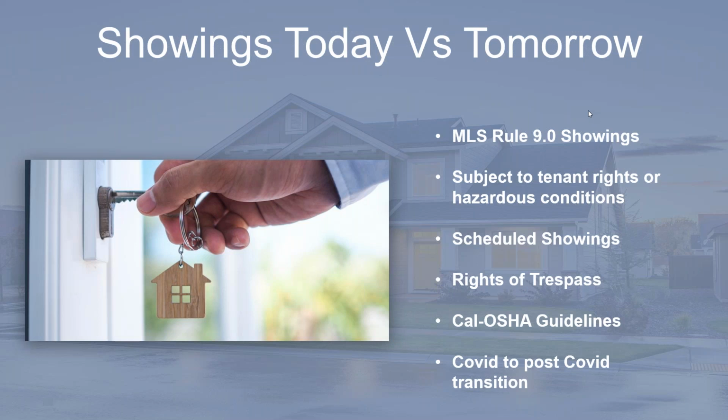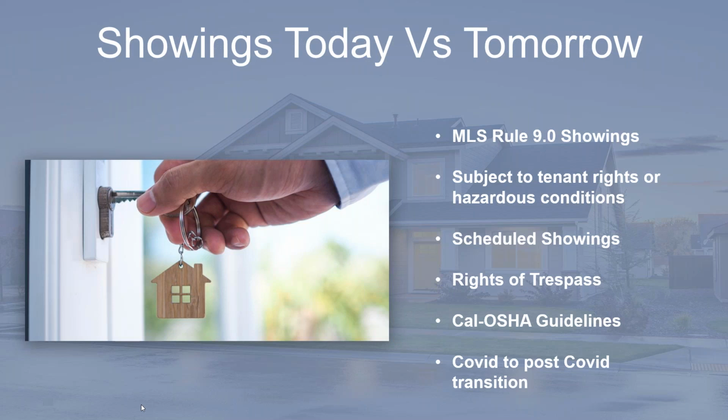But for the most part, we need to start with MLS Rule 9.0 showings, and that properties must be available when they go active on the MLS. You cannot delay the showing for any other reason than it being a tenant right or a potential hazardous condition. We certainly have hazardous conditions right now that have been amplified with the requirement of your PAD forms and those types of things. But showings of property are controlled in a variety of ways.